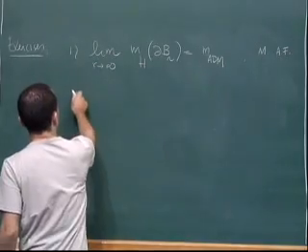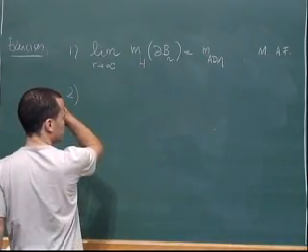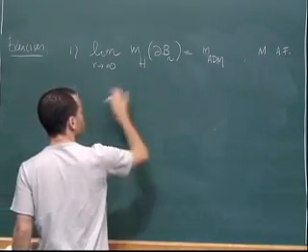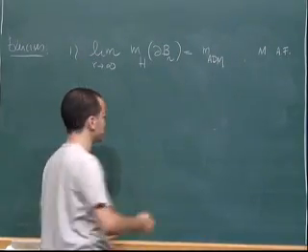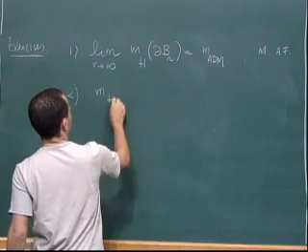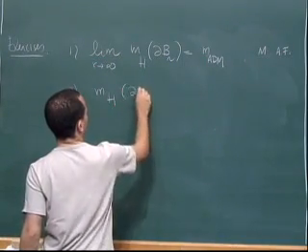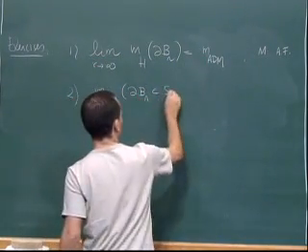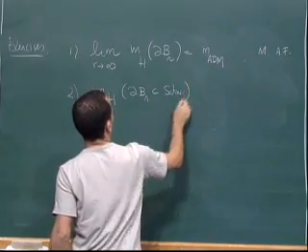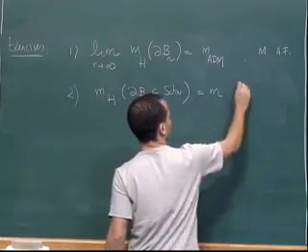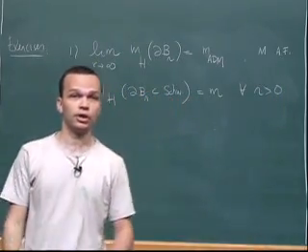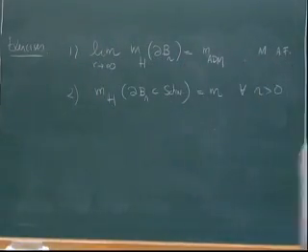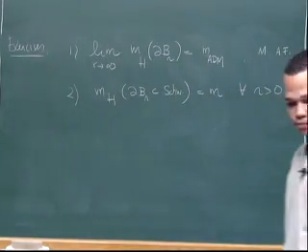And the second very easy exercise is just to check that in the Schwarzschild manifold, the Hawking mass of the leaves, this guy contained in the Schwarzschild example, is equal to m for every r. Right? So the Hawking mass is actually constant in the Schwarzschild manifold.